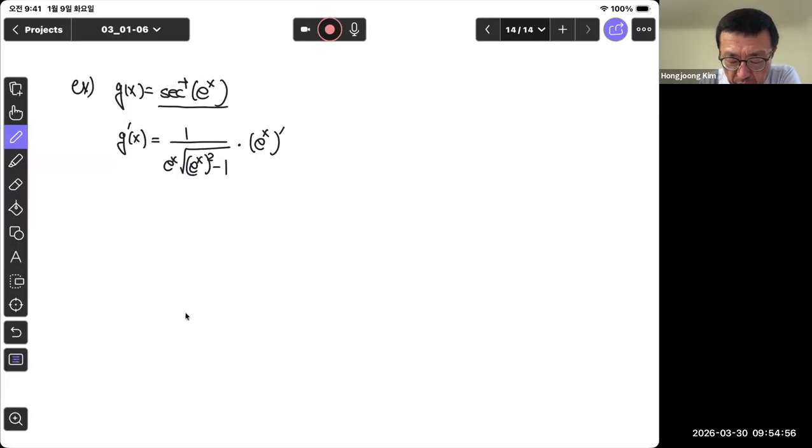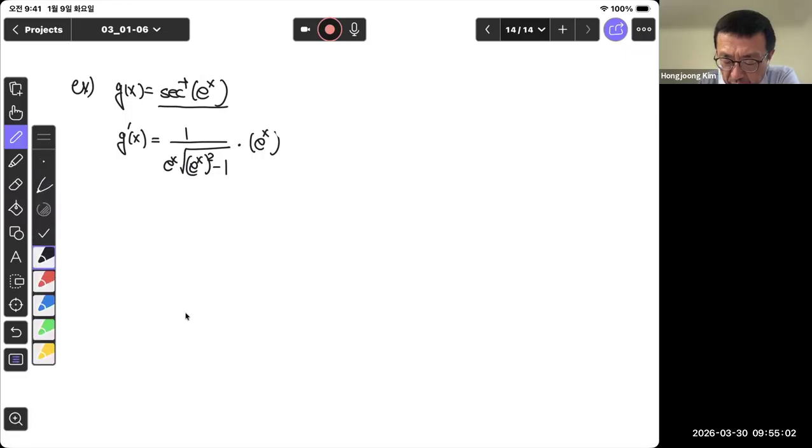Right? So the derivative is just e to the x, and then e to the x can be cancelled. So you get 1 over square root of e to the 2x minus 1. That is the derivative of such a function.